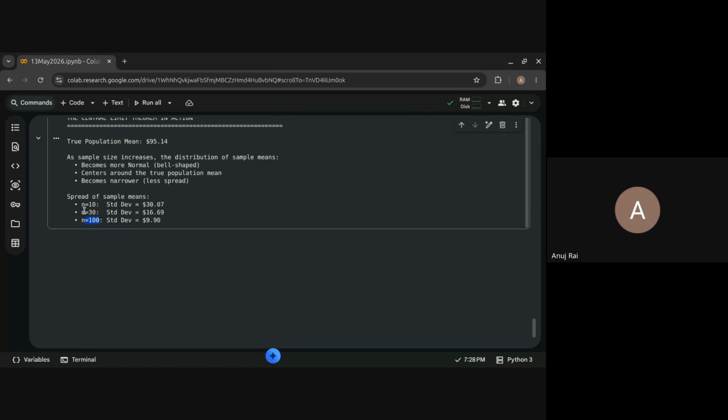Of course, if you go for n equals 1000, let's say, then your standard deviation will be around $8.5, because it is something like a logarithmic curve. So if you keep on increasing the effort, the change will be very negligible. Okay, sir. Got it.